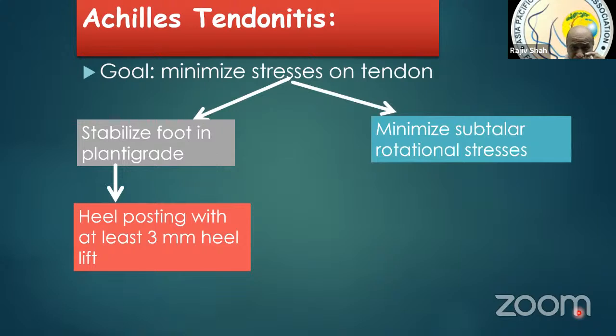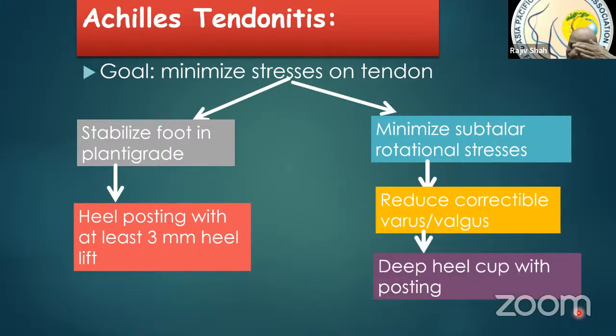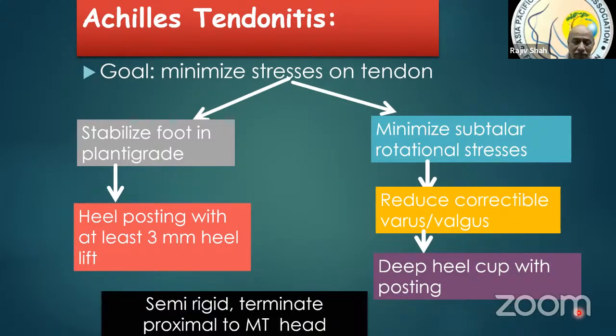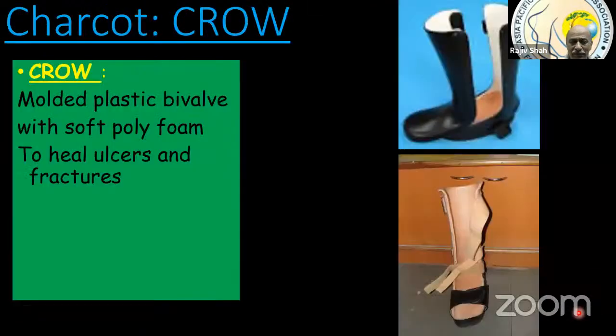When you want to minimize subtalar rotational forces, again you want to reduce varus or valgus, then you have to have a deep heel cup with heel posting, so semi-rigid heel posting. Deep heel cup plus heel post of 3 mm height is what you use for Achilles tendinopathy. And the goal again is to minimize stresses on the tendon. These are various examples of the orthotics being used.